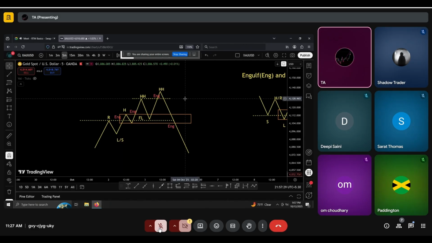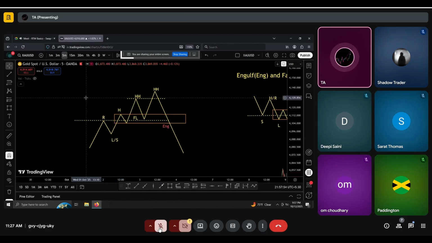Breaking of FL gives us DP and swap FL, meaning opportunity to trade, opportunity to enter a trade. So that's why when an FL is broken, we call it engulf in terms of trading. In general terms, every time price crosses any level, it is called engulf. But for trading opportunities, we look for the engulf of important zones.